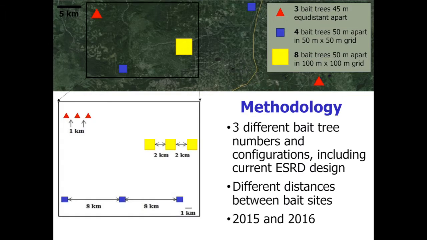And then if you zoom in, each one of these are going to be spaced at different distances from each other to try to make the most efficient and effective trapping protocol, and see if we can concentrate these and keep them from going to adjacent stands. So we'll have different distances between bait sites with a total of 45 plots that we're going to put out. And again, this will start in 2015 and be repeated in 2016.